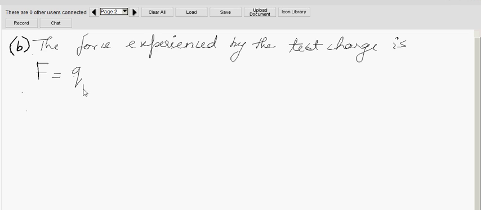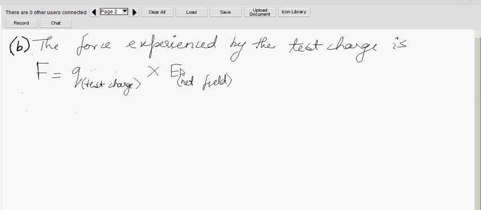I'll write QT, that is the test charge, or I will write it as Q, the magnitude of test charge, multiplied by net electric field, E as net electric field.